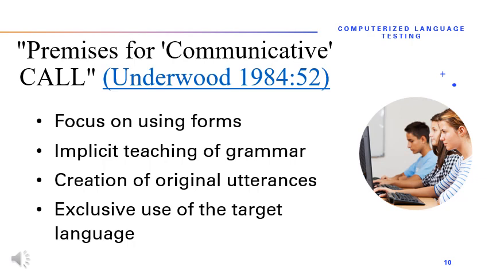Third, it allows and encourages the students to generate original utterances rather than just manipulated or prefabricated language. And fourth, it uses the target language exclusively and it creates an environment in which the student feels natural or authentic with the target language both on and off screen.